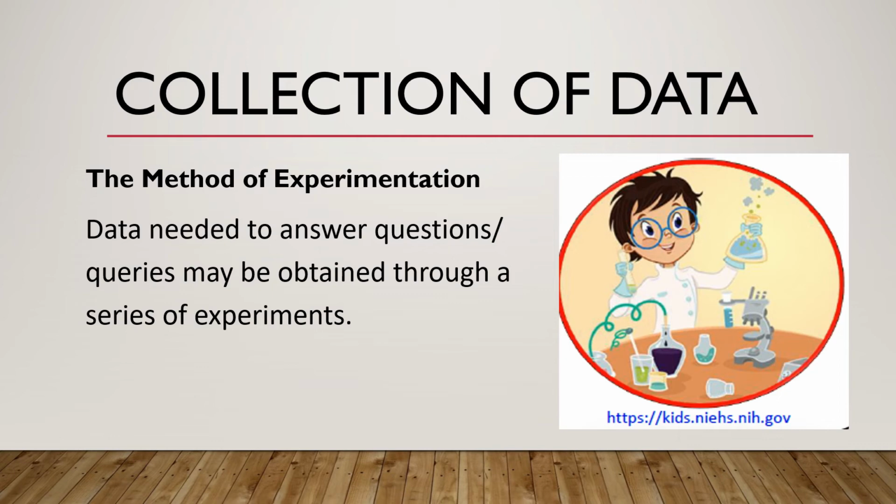Scientific researchers like physicists and chemists make use of this method. So your experiments in your science subject, as you do your experiment, you are already collecting data. So an example for this is an experiment of trying different fertilizer to produce more rice.